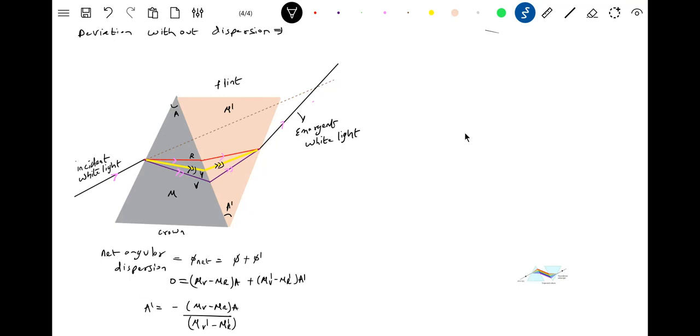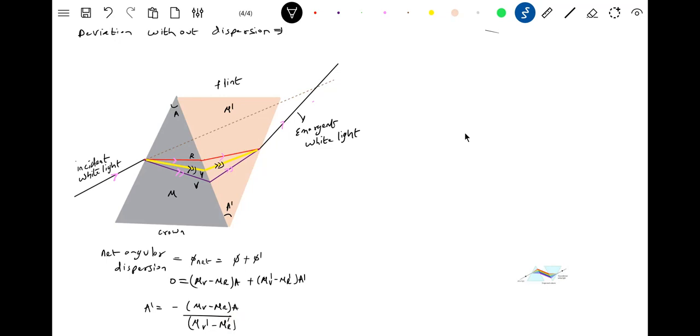Some formula I obtained here. So for the combination for achromatism, what we call an achromatic combination. Achromatic means I should not get any colors here.